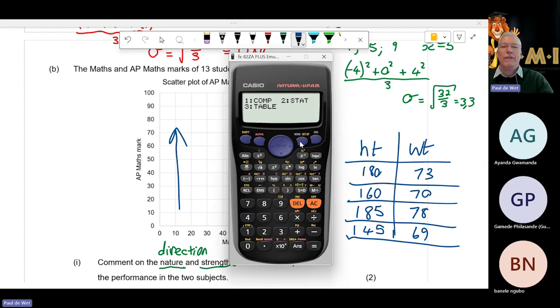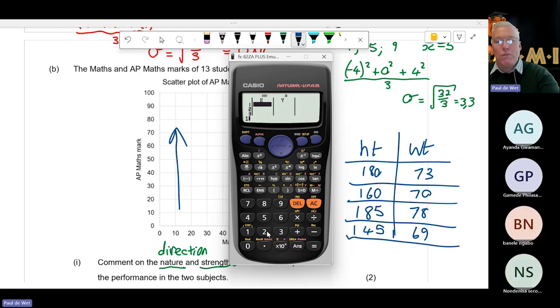You go mode, and you go to variable stats. Then you put in the numbers. When you press equals on your calculator, it goes down. So it's easier to put in all the first column first: 180, 160, 185, 145. Then go back up, but we must make sure that we get this data right: 73, 70, 78, and 69.